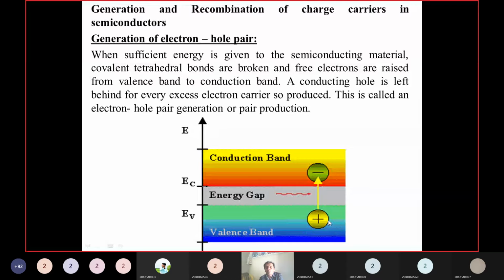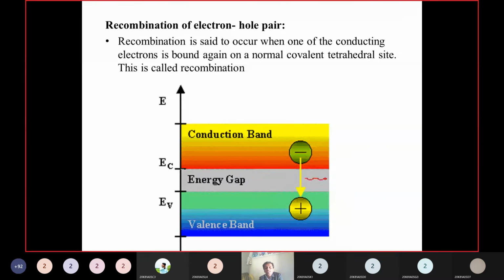But in the case of recombination, the electron jumps from a higher energy state to a lower energy state. That's why energy is released in the recombination process.